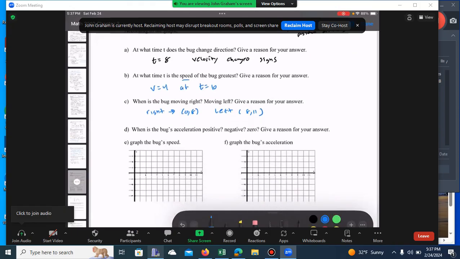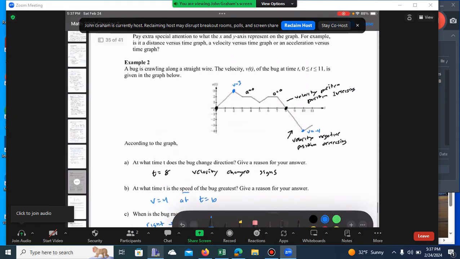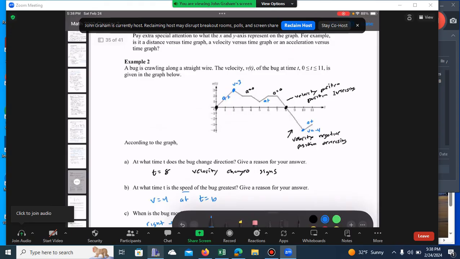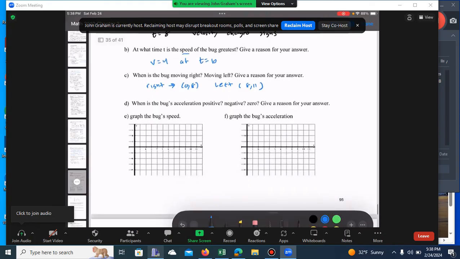When is the bug's acceleration positive, negative, 0? So acceleration being positive whenever your slope is positive. So here is when acceleration is positive. It's positive, constant, negative, positive again, constant, negative, and positive again. So those 3 spots are positive: 0 to 2, 5 to 6, and 10 to 11.